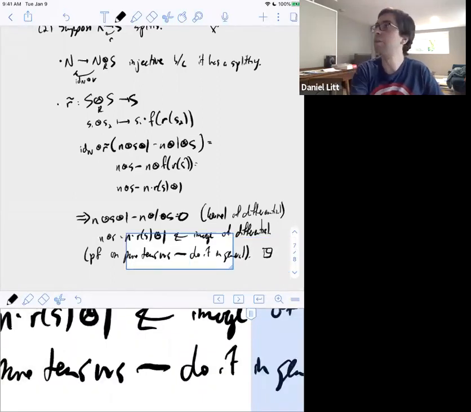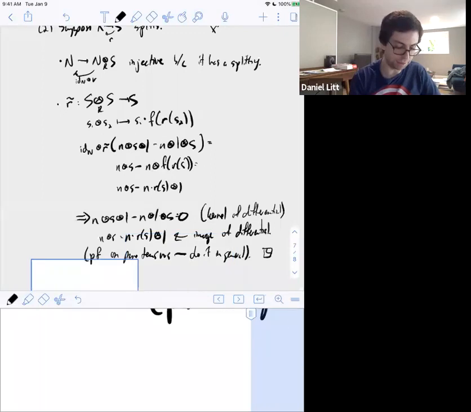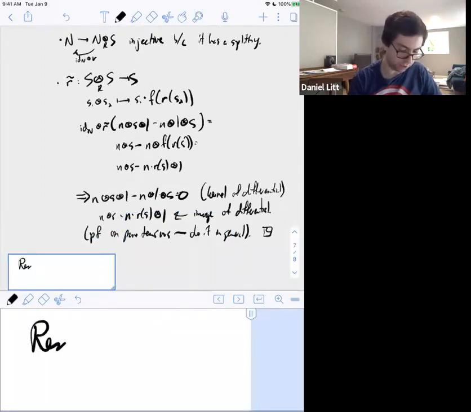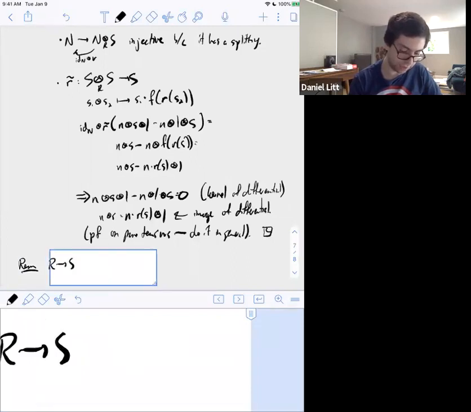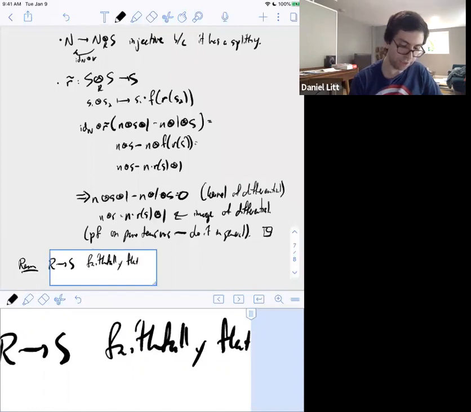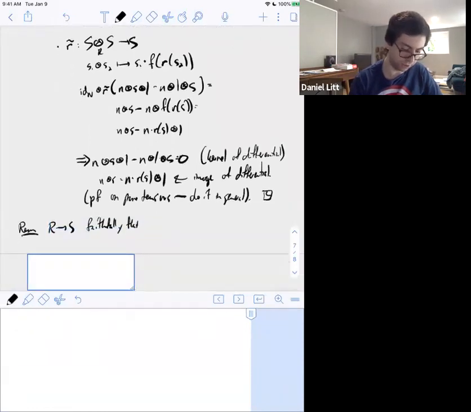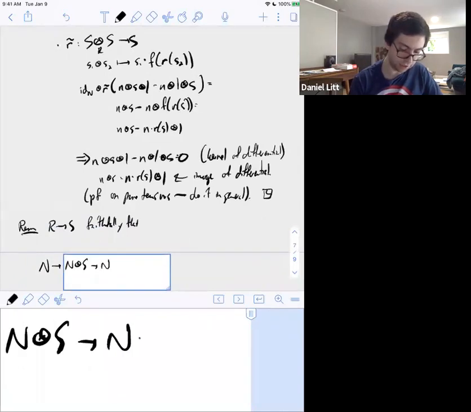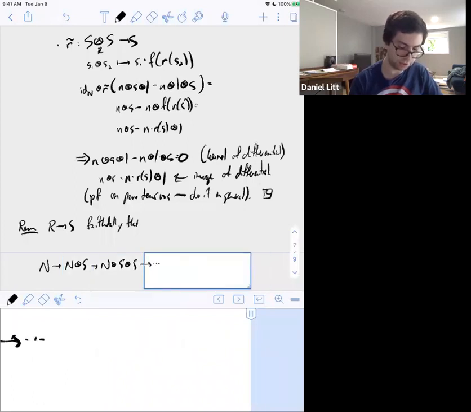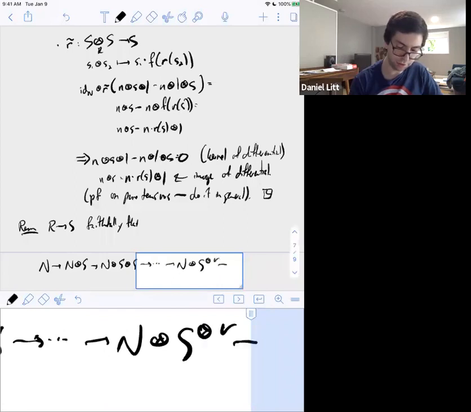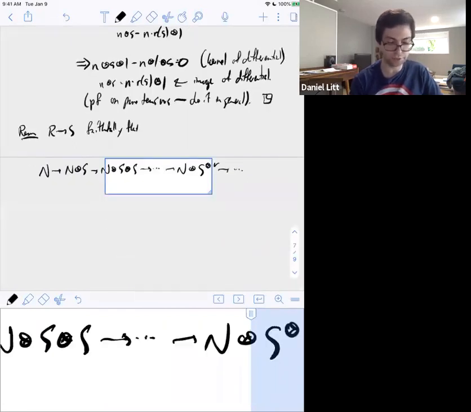Maybe since I only have 1 minute, let me make a remark, which is that given R to S faithfully flat, you can define the Amitsur complex. That's N to N tensor S to N tensor S tensor S, and so on. In general, you get N tensor S to the tensor R. And here, what are the differentials?